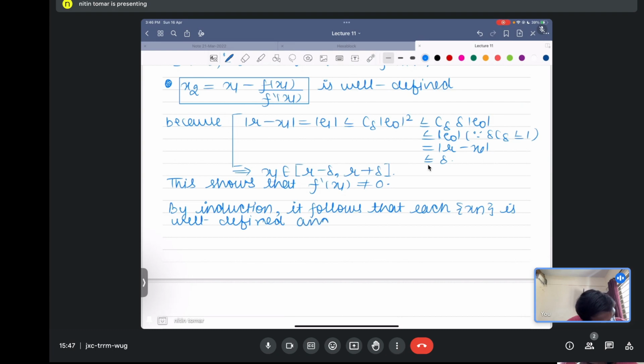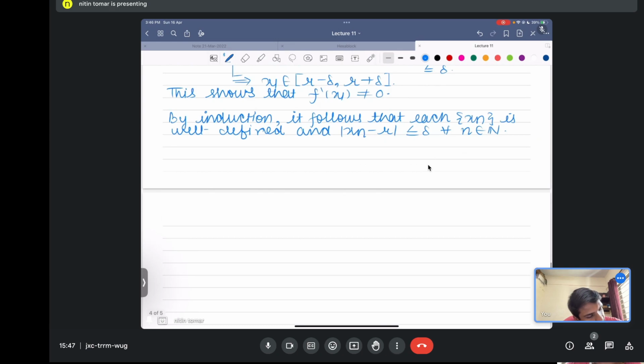And secondly, you see x n minus r is at most delta for all n. So this proves the statement 1 and 2. Now let us move to the proof of 3.